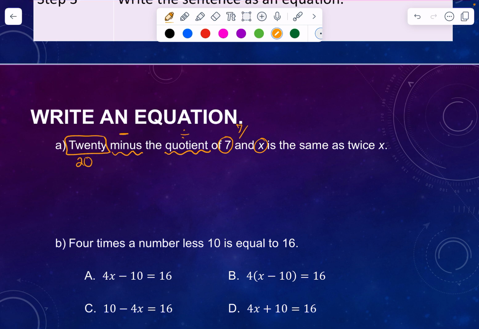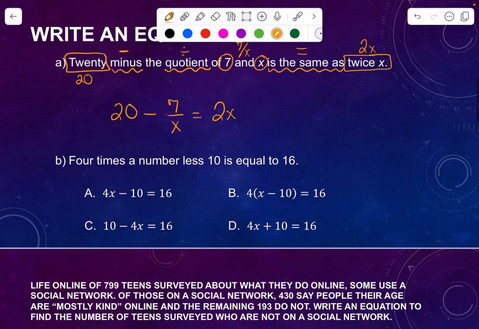So 7 over x is the same as, so there's my equal sign, twice x. Now, what does twice mean? Twice means that we multiply x by 2. So if we start in, the equation is going to look like this: 20 minus 7 divided by x is 2x. And there's our equation.